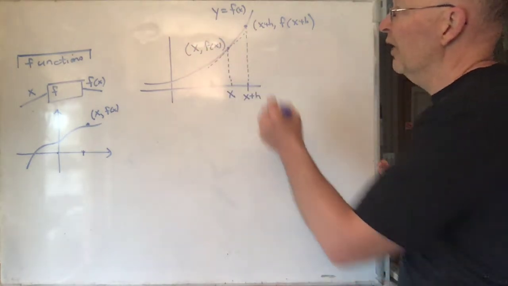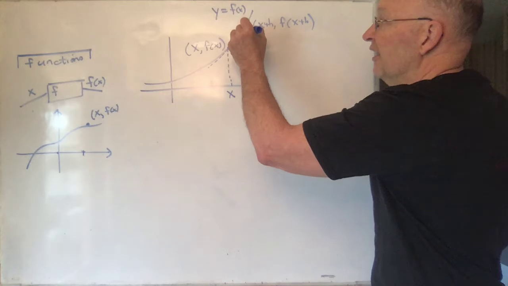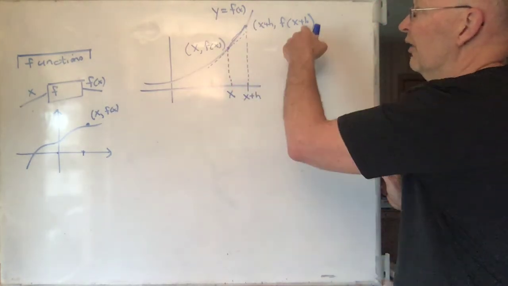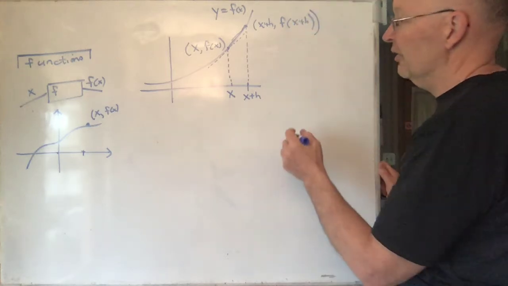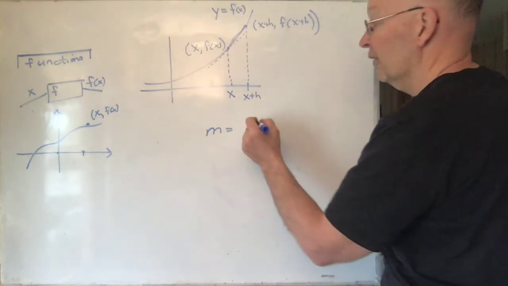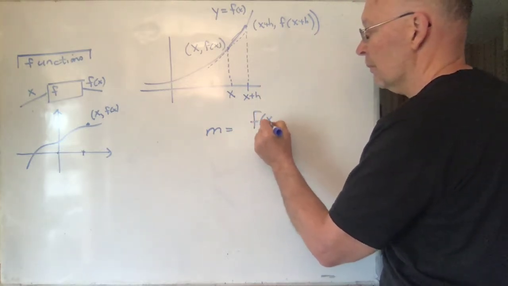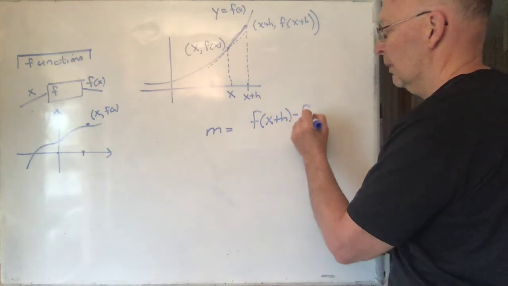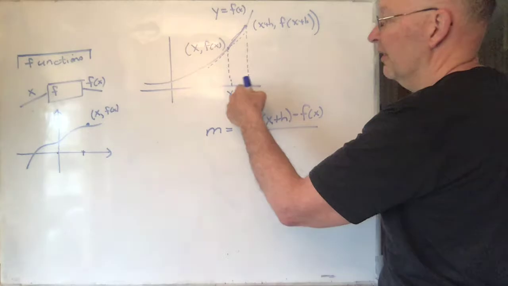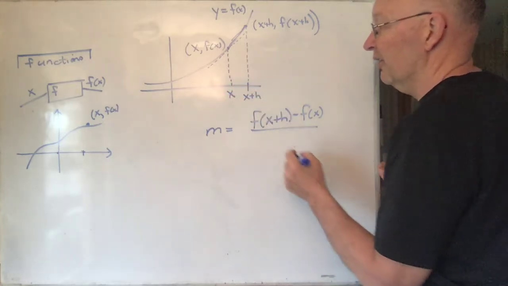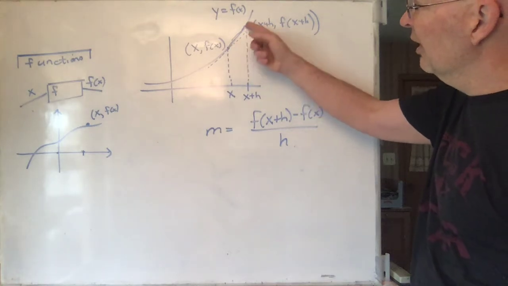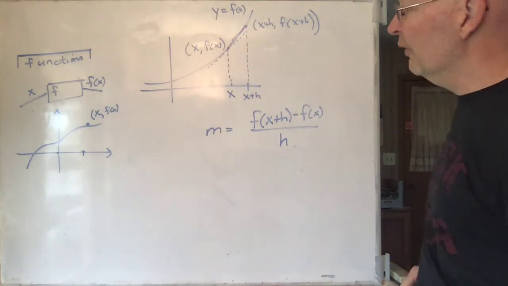And then we will find the slope of the secant line, the line that goes right between those two values. And so, as always, it's the change in the y values divided by the difference in the x values. X plus h minus x is just h. And that right there gives us the slope of this secant line, which goes between those two values.